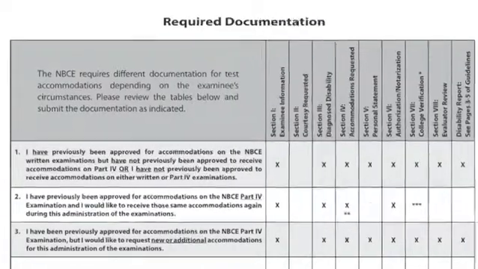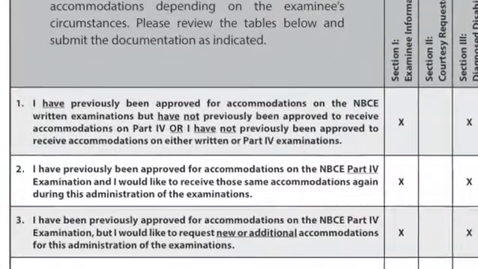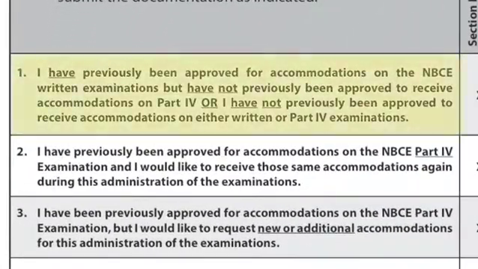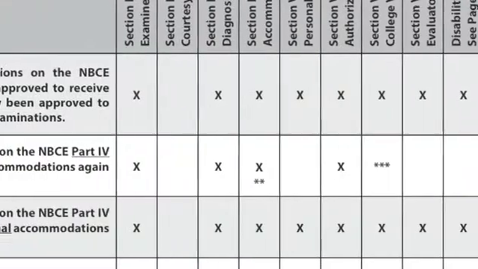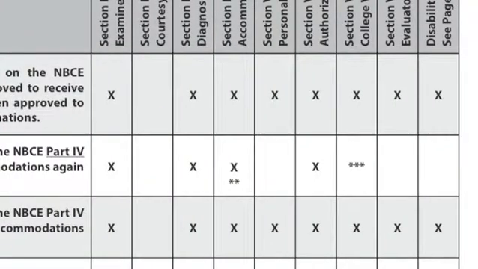This is not the case. As you can see in the chart, if you have not been previously approved for accommodations on the Part 4, even though you may have received accommodations on the written exams, you still need to submit all sections of the request form as well as the disability report.